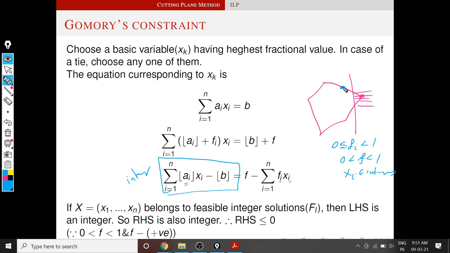Then LHS is an integer, RHS is also an integer, and this is a positive quantity in between 0 and 1. So a positive quantity in between 0 and 1 minus a positive quantity is an integer.